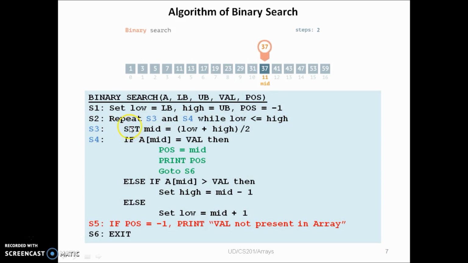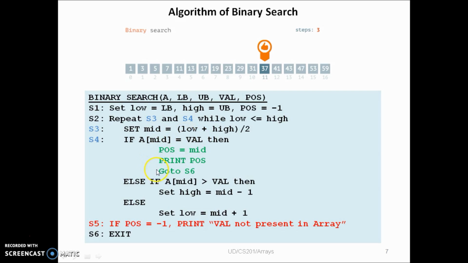Now we are repeating these two statements, and that is to be done as long as low is less than high. So what we are essentially doing is finding the mid position, and then the element at this mid position is compared with the search value.